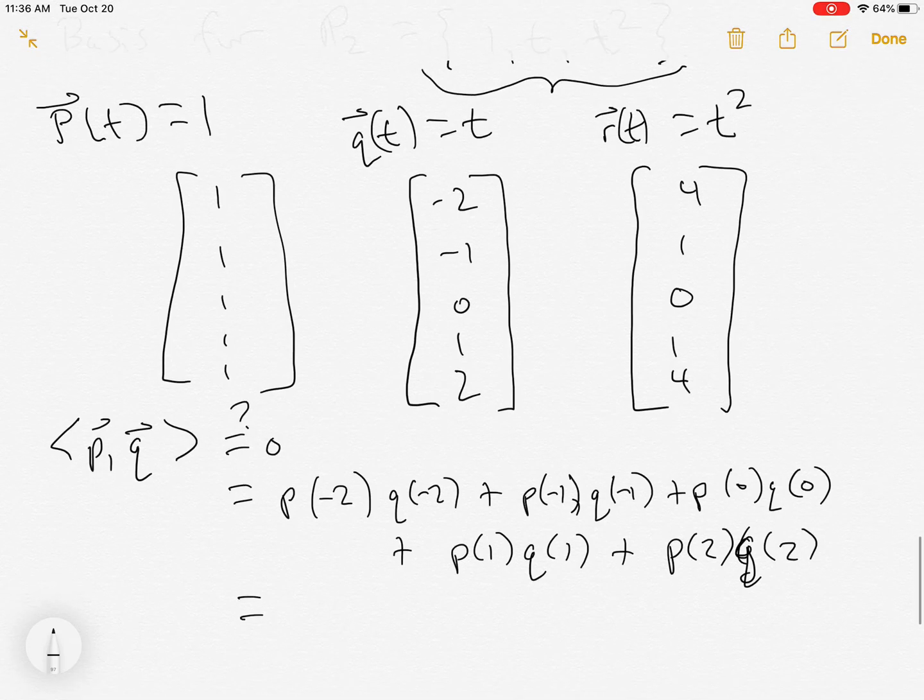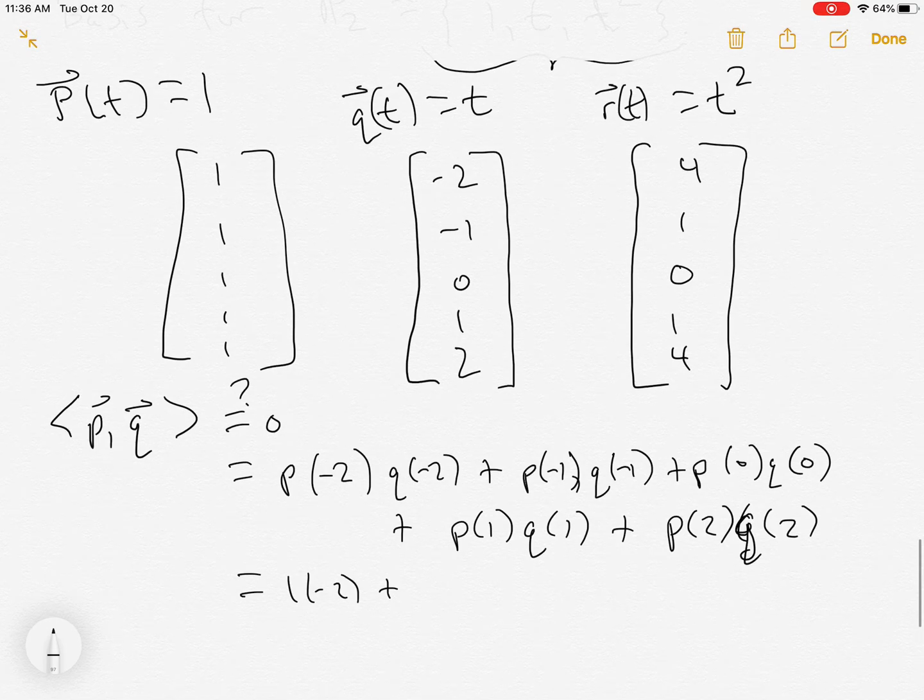Let's see. So this is 1 times negative 2 plus 1 times minus 1 plus 1 times 0 plus 1 times 1 plus 1 times 2, and that is minus 2 minus 1 plus 0 plus 1 plus 2, which is 0.